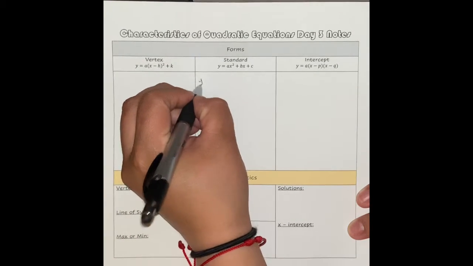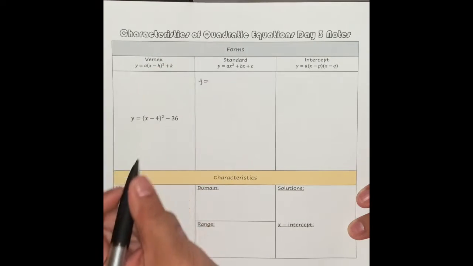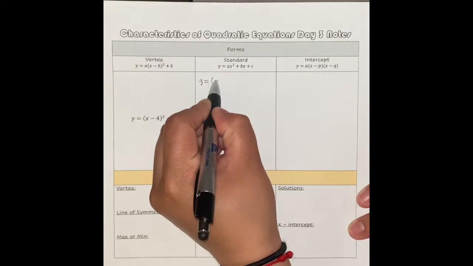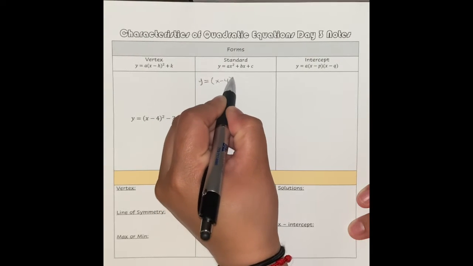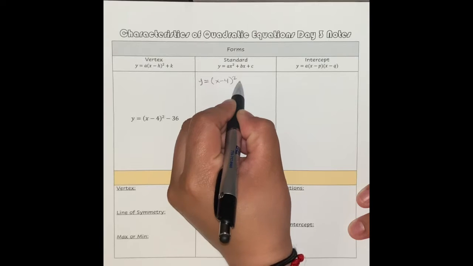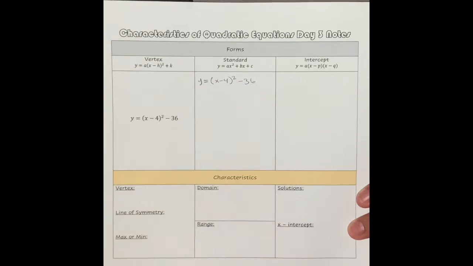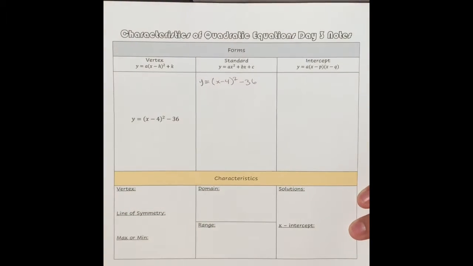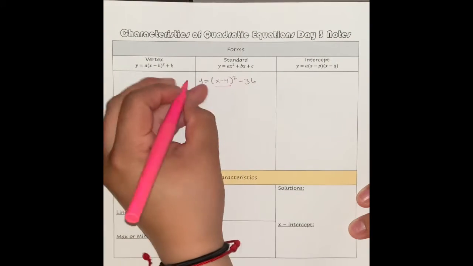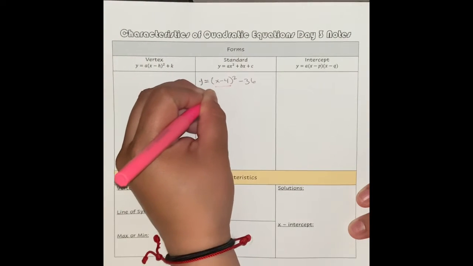So if I write it down again, y equals (x minus 4) squared minus 36. Keep in mind that we have to write this twice.